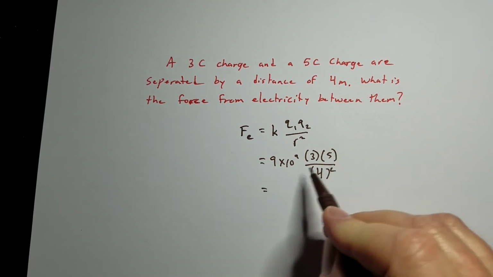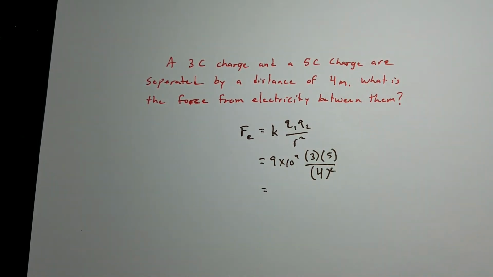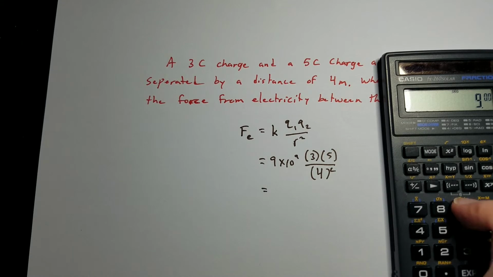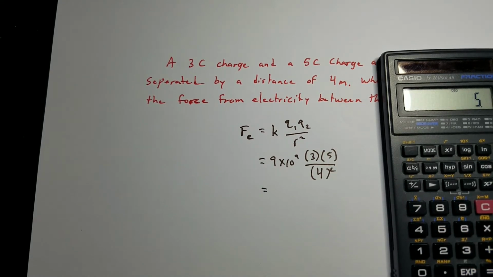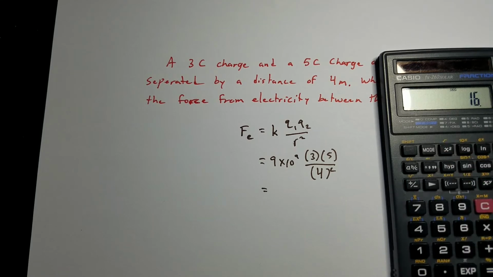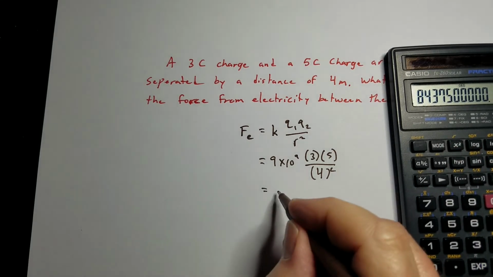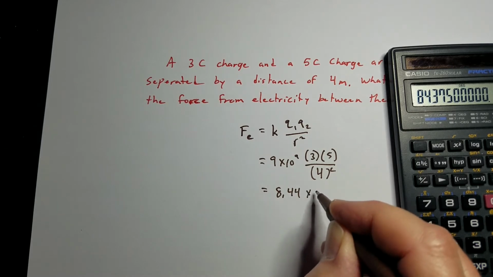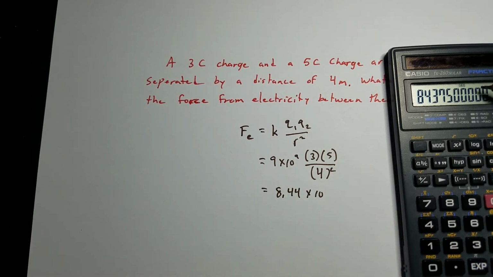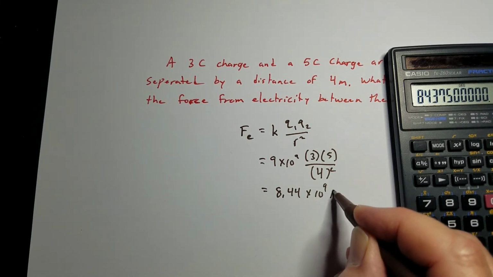And you just multiply the top and divide by the bottom. So that equals 8.44, let's say, times 10 to the, let's see, 1, 2, 3, 4, 5, 6, 7, 8, 9 newtons.